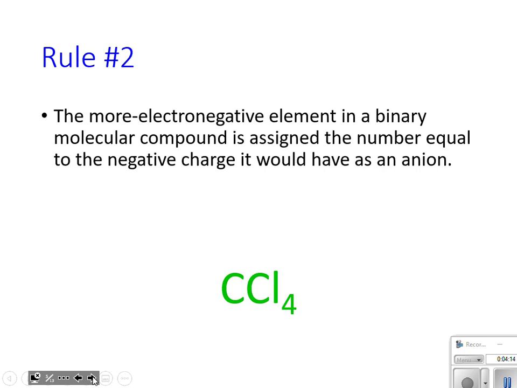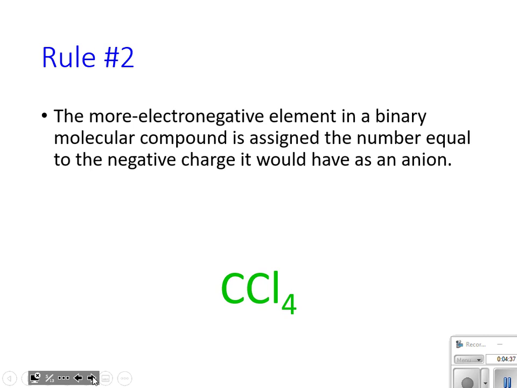Rule number 2 states the more electronegative element in a binary molecular compound is assigned the number equal to the negative charge it would have as an anion. So we're going to need our periodic table, so take out your periodic table if it's not already out.